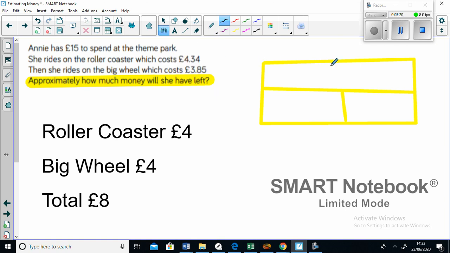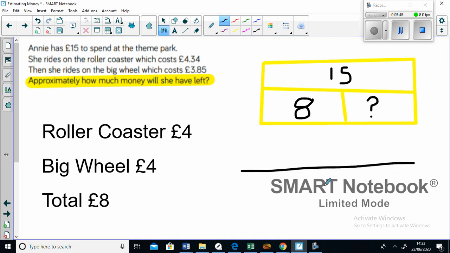Okay, she has £15. That's how much she has to spend. She spent approximately £8. We're looking for this missing value here. So we could solve this by doing 15 take away 8 equals missing number, or we could do it by doing 8 add on mystery number equals 15.